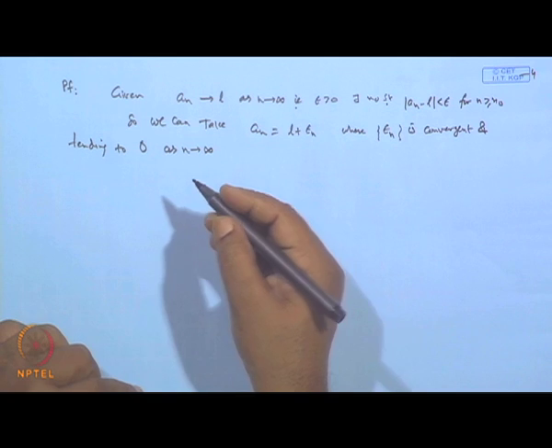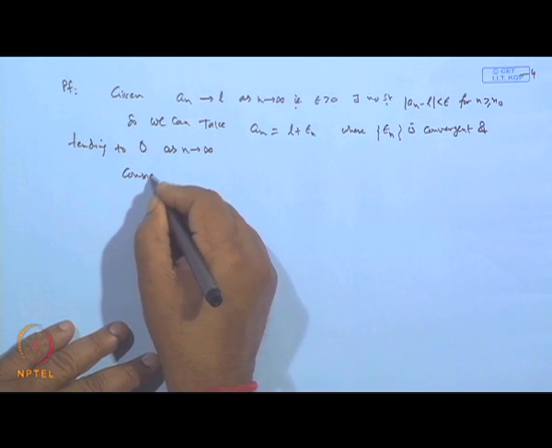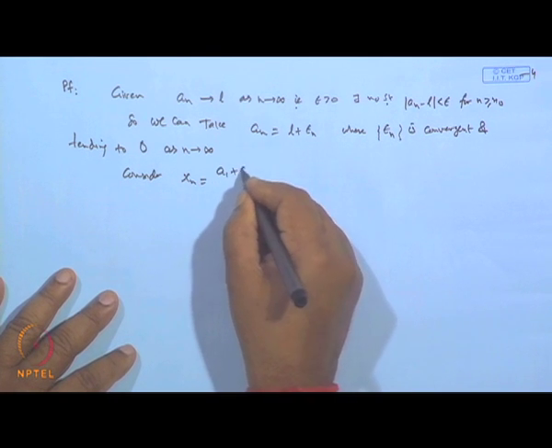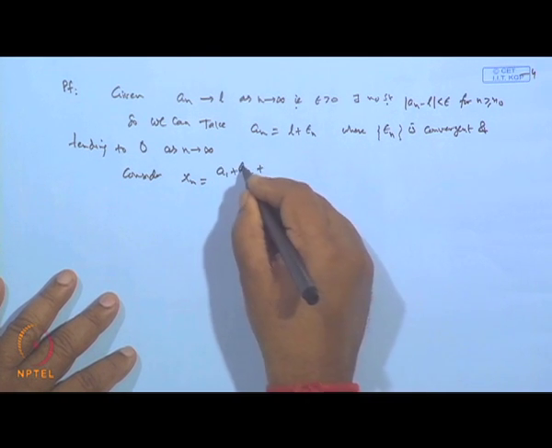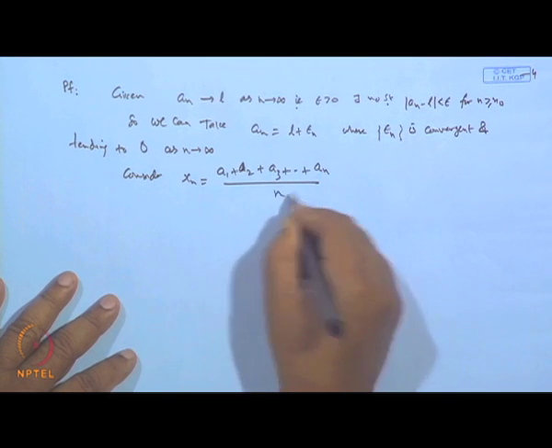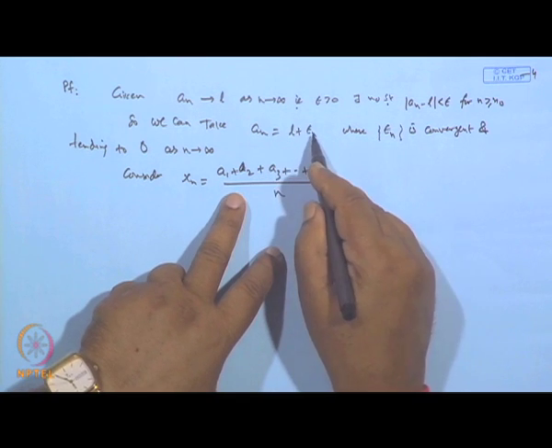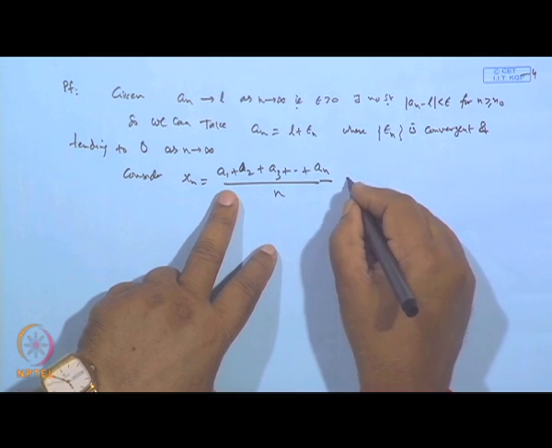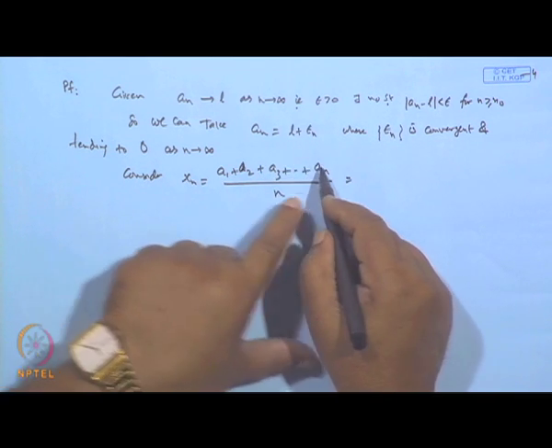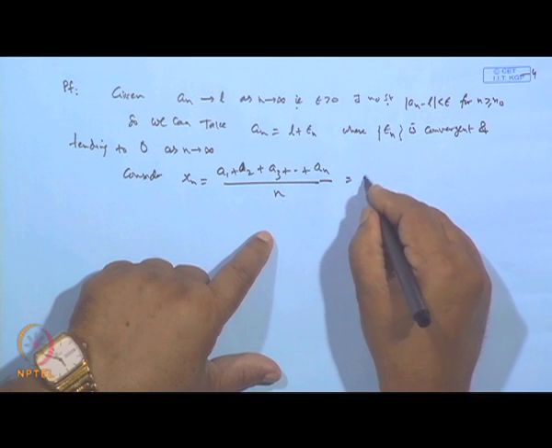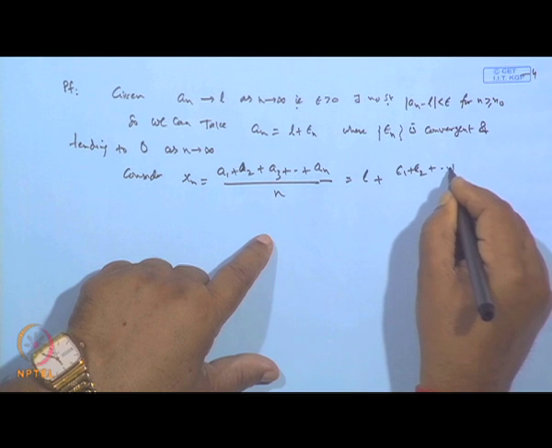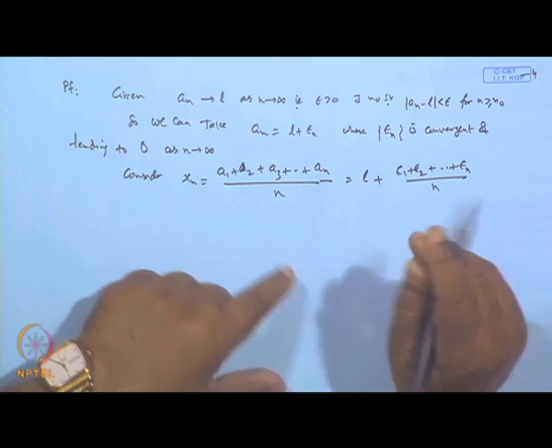Now, consider x n. x n is a 1 plus a 2 plus a 3 up to a n divided by n. So, substitute a 1 as L plus epsilon 1, a 2 as L plus epsilon 2, and so on. So this is n times L divided by n, that is L, plus epsilon 1 plus epsilon 2 plus up to epsilon n divided by n. Okay?